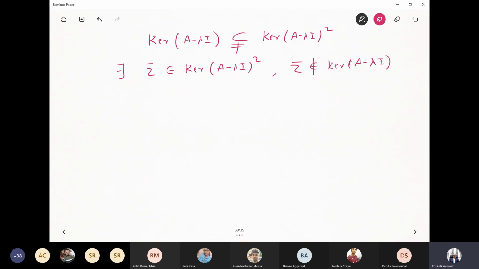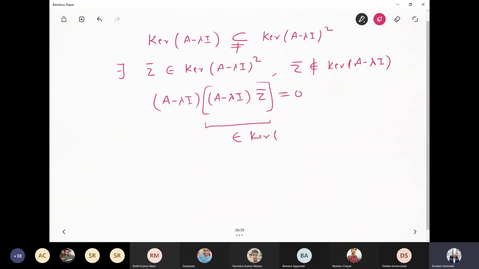Since z is in the kernel of A minus lambda I square, A minus lambda I into A minus lambda I z is 0. So this vector A minus lambda I z belongs to the kernel of A minus lambda I, that is, the eigenspace of lambda.